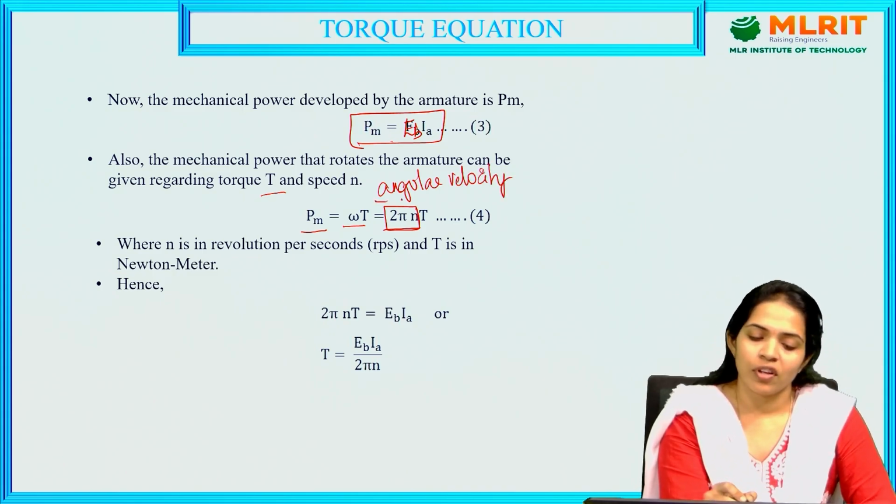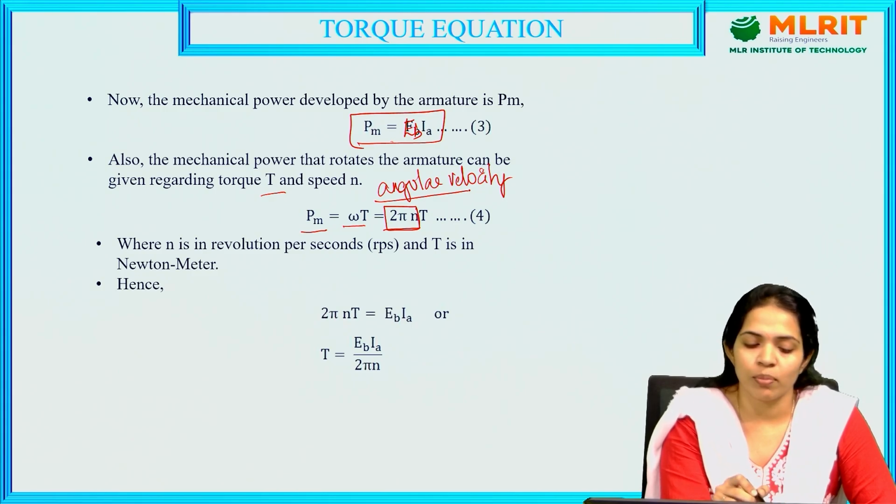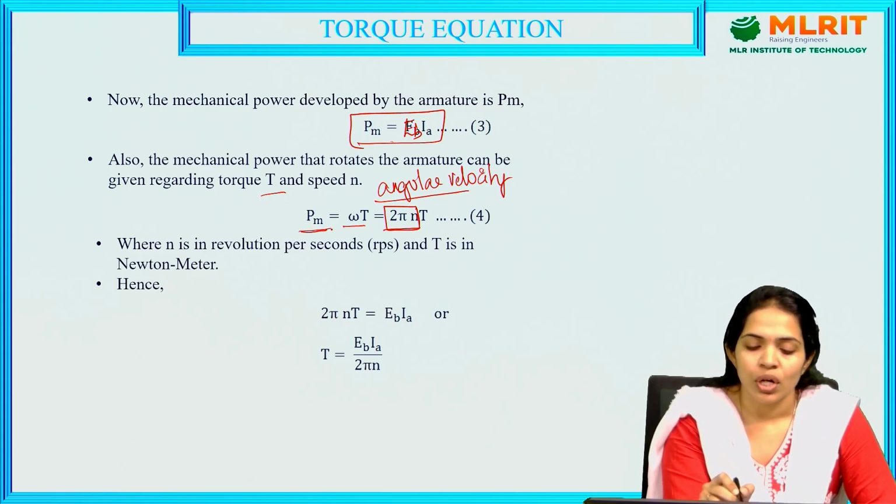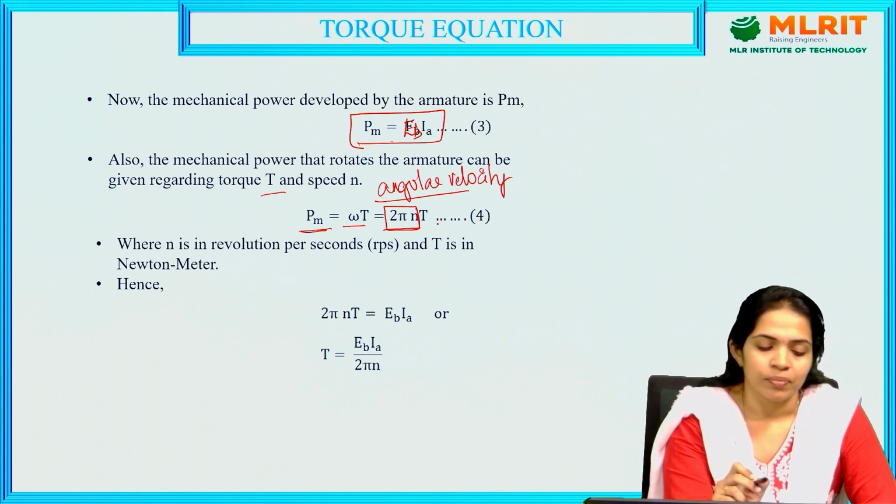So in terms of angular velocity omega, the mechanical power Pm is equal to 2 pi n into T.